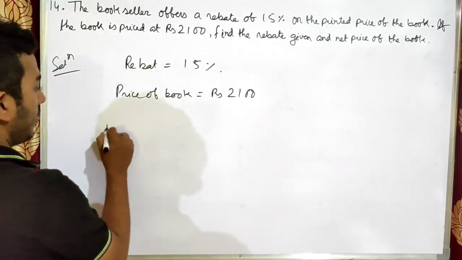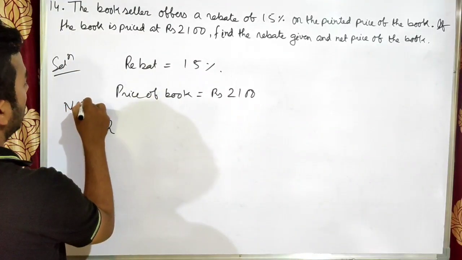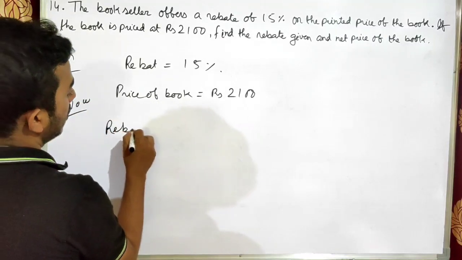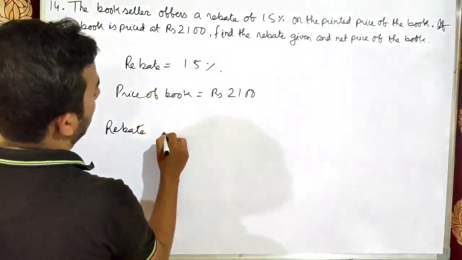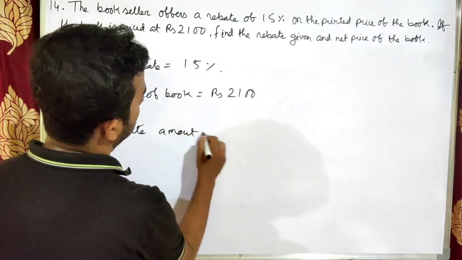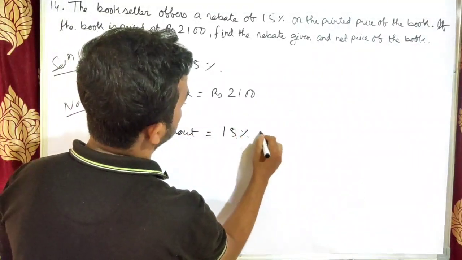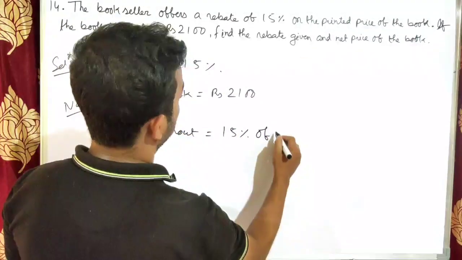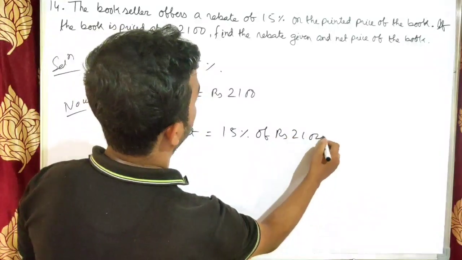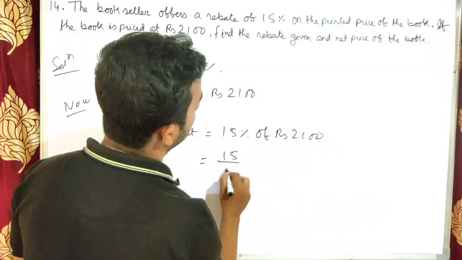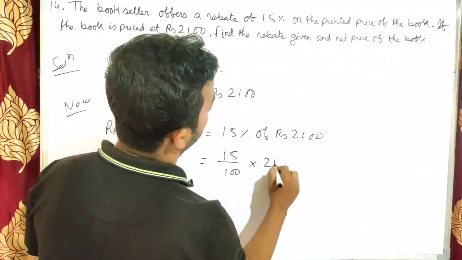Rebate amount equals 15% of rupees 2100. 15% means 15 of 100 into 2100.